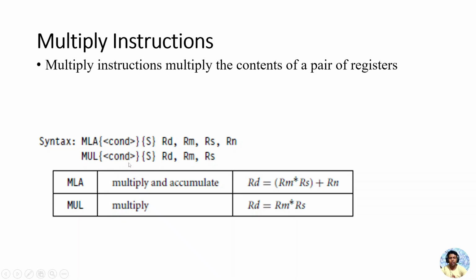MUL, condition, S suffix, Rd, Rm, Rs. Rd is the destination, Rm and Rs are the sources. MLA instruction: multiply and accumulate. MUL instruction: multiply.